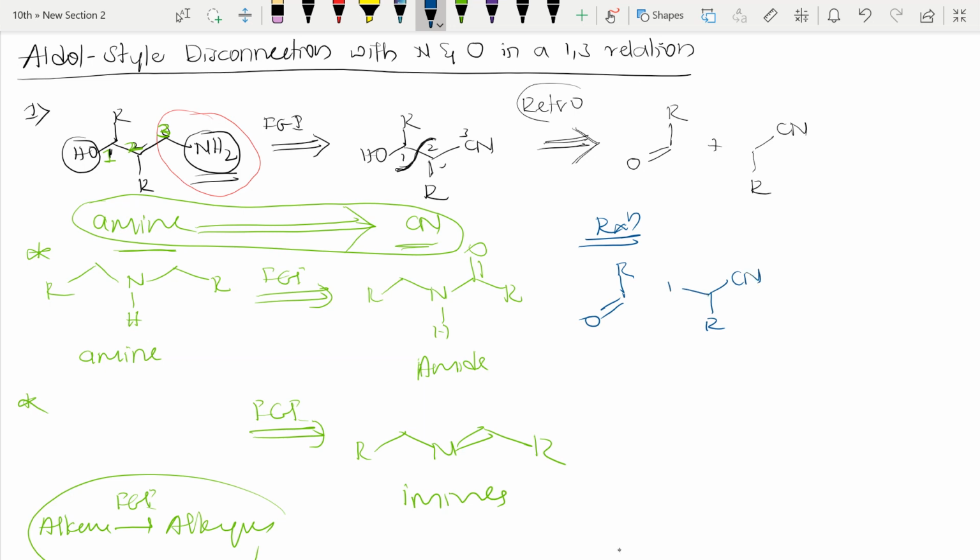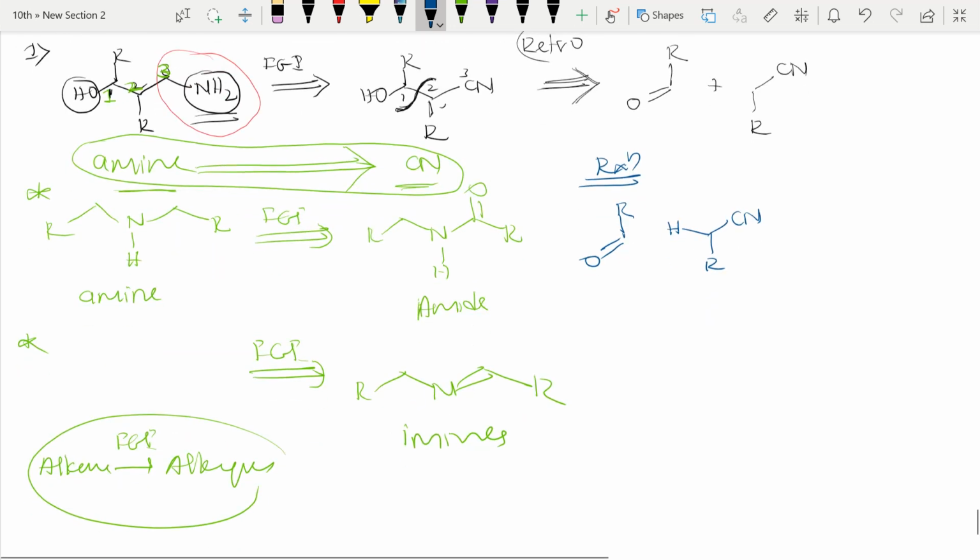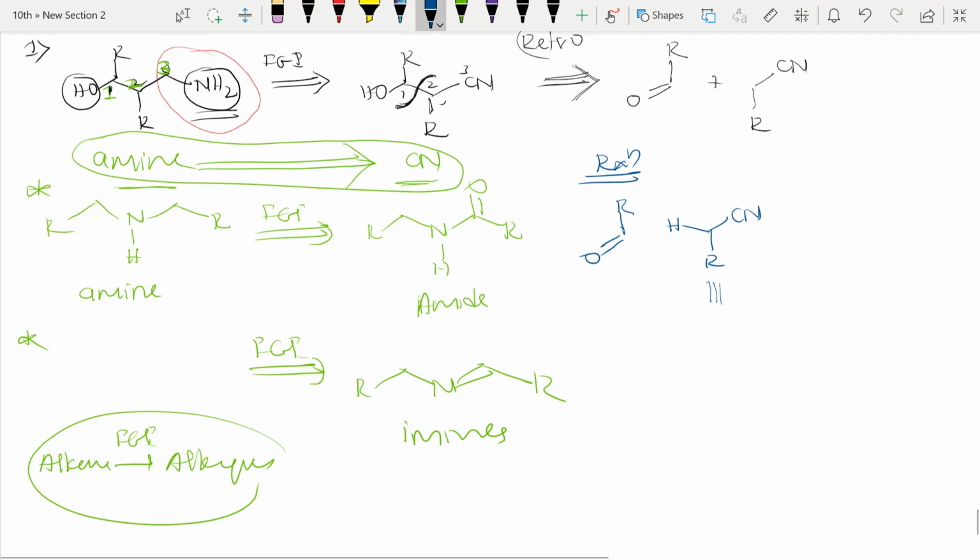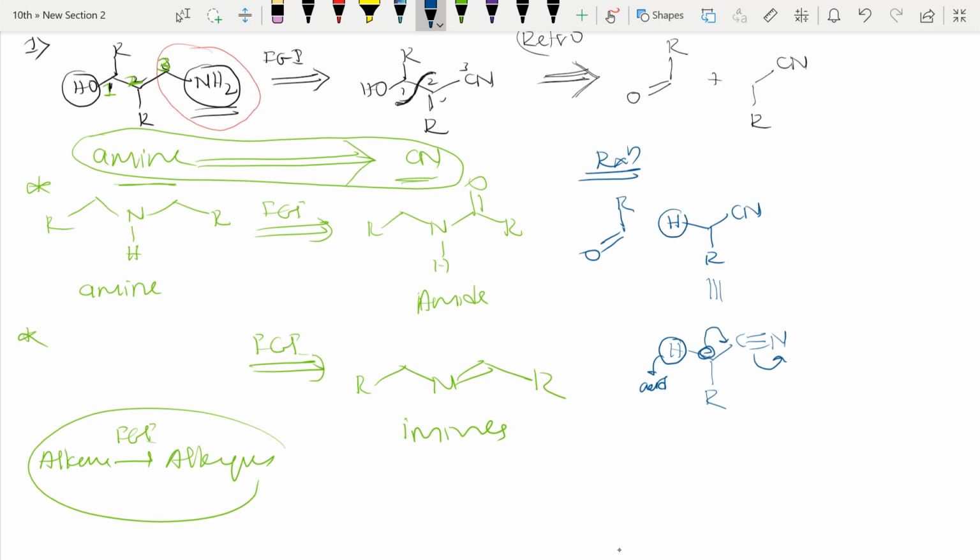See here, this hydrogen will be acidic. Why is it acidic? Because the same compound I can write like this, H-C triple bond N, instead of writing CN. So if I remove this H, this will be acidic. If it goes as H plus, this carbon gets a negative charge. That negative charge will be stabilized by this CN group, the cyanide group, because of which this carbon will be acidic.